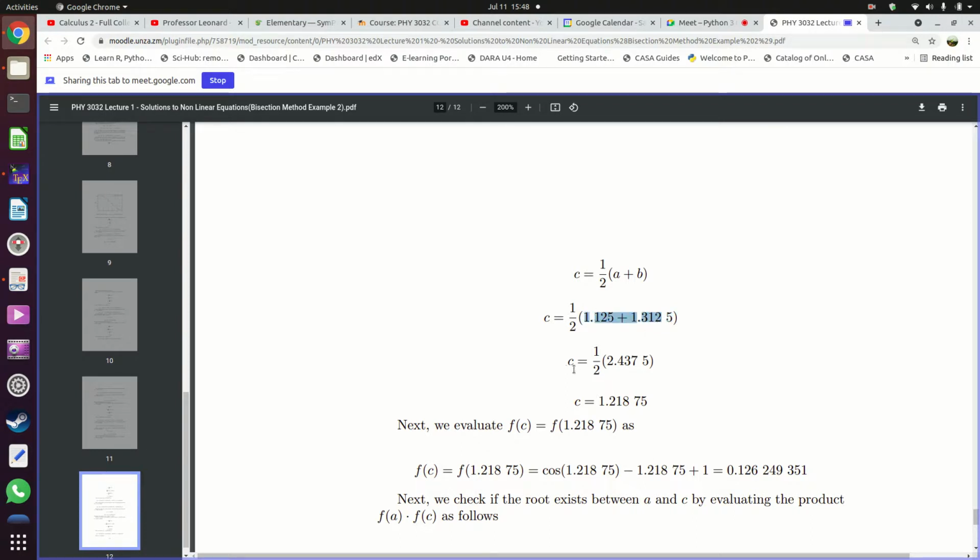So you end up with C equals half of 2.4375, and that gives you 1.21875. So this becomes our new midpoint, or our new solution.